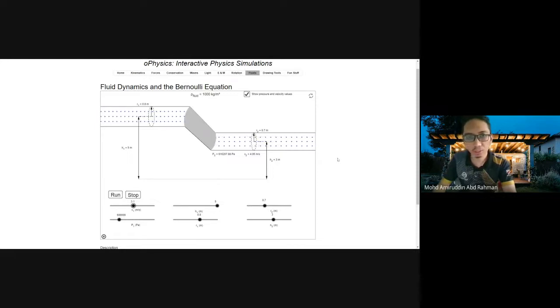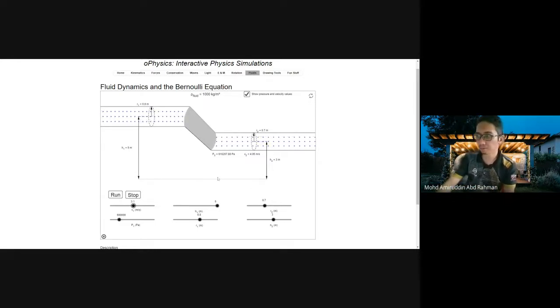And then number 6: how could you make the flow of the fluid on the left pipe faster? How could you make this one faster? Increase in velocity.